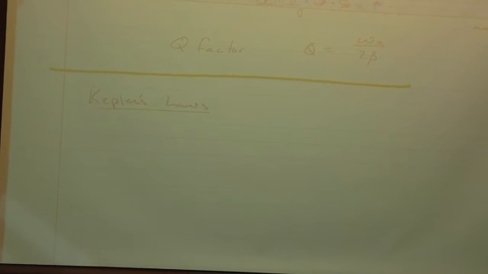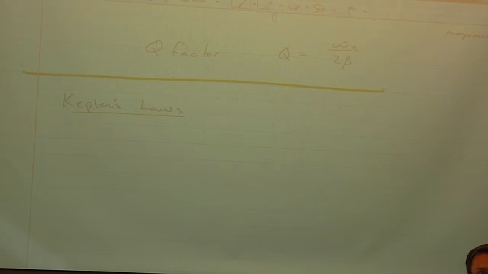I presume that you can all ramble off Newton's 3 laws. You should also be able to ramble off the 3 Kepler laws. The orbits of planets are ellipses, with the sun at one of the foci. The second law: the planet sweeps out an equal area in an equal amount of time throughout its orbit.